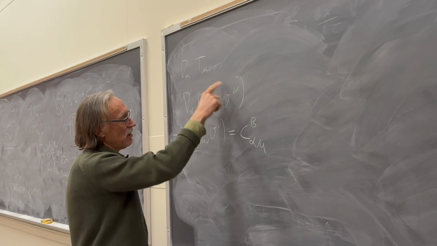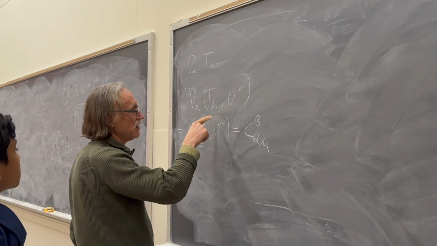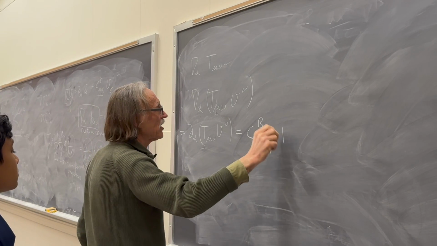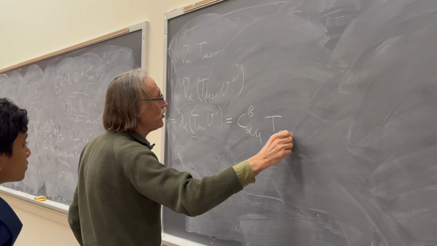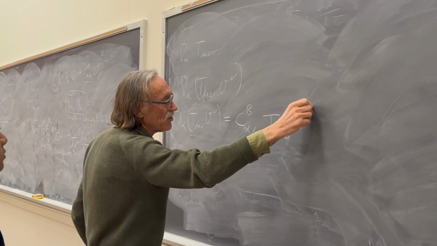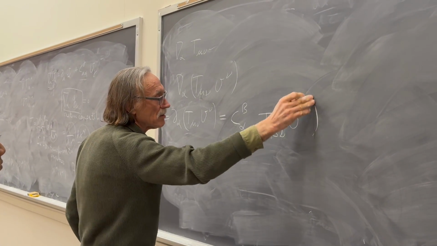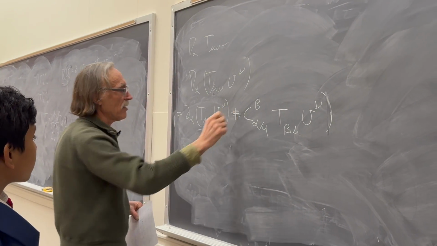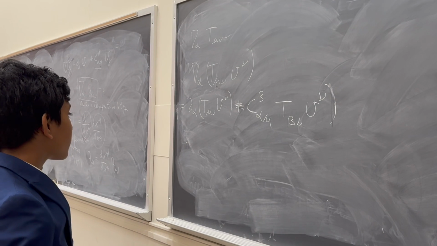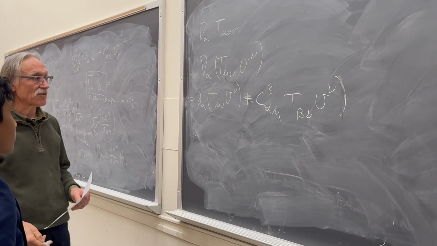And now this is the tensor, so this becomes T beta nu V nu. Sorry, there's a plus here. So on a vector, it behaves like this.